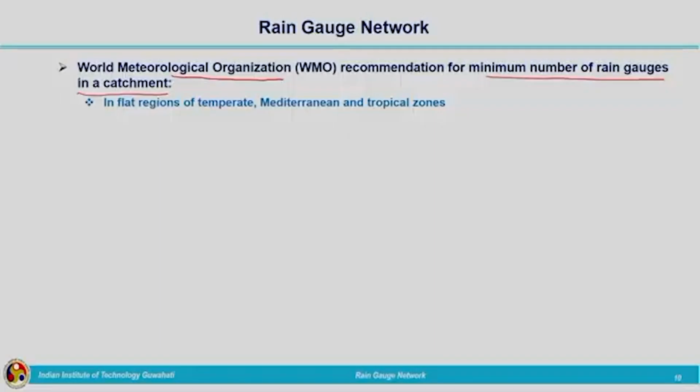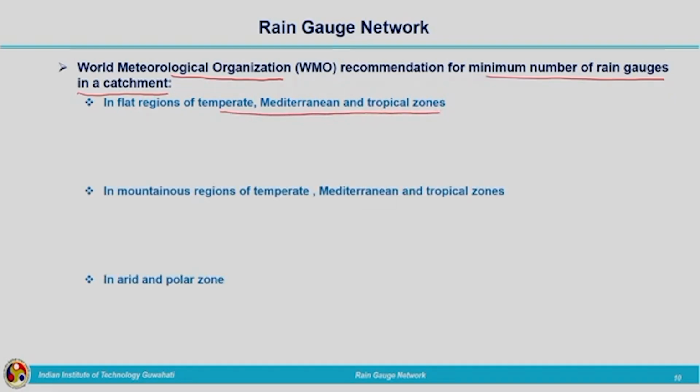So, WMO has given recommendations related to the number of rain gauges in a particular catchment: in a flat region of temperate, Mediterranean and tropic zones, mountainous regions of temperate, Mediterranean and tropical zones, and arid and polar zones. Let us see how many rain gauges are required based on the WMO recommendation.